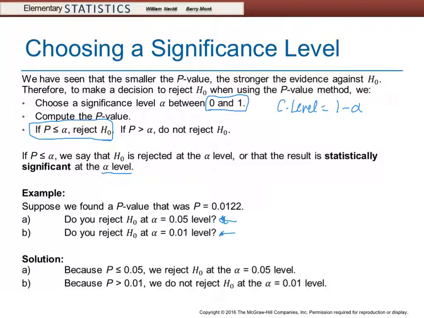Well, the solution is, because the p-value is less than 0.05, we reject the null hypothesis at the 5% significance level. In part B, because the p-value is greater than 0.01, we do not reject H0 at the 1% level of significance.